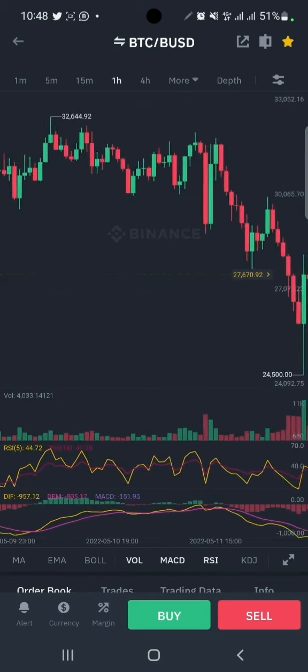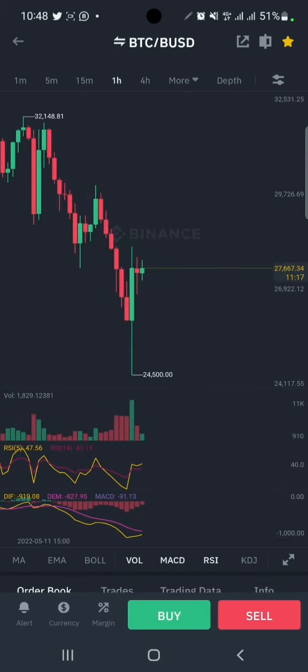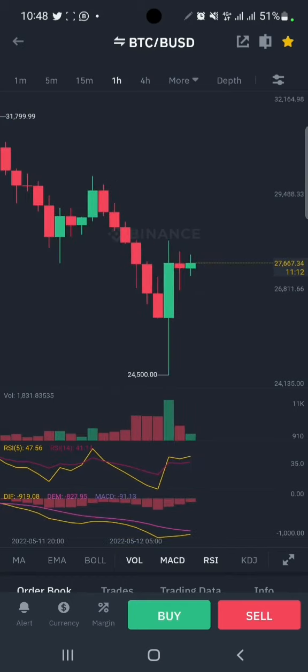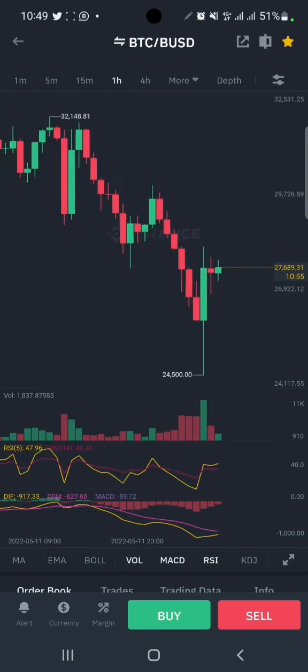Now you can see that it's trying to tell you something here at this very end where the printing is going on. The lines are converging, which means it's trying to tell you maybe we're going to have an uptrend. Maybe the DEM is going to cross under, something may happen.